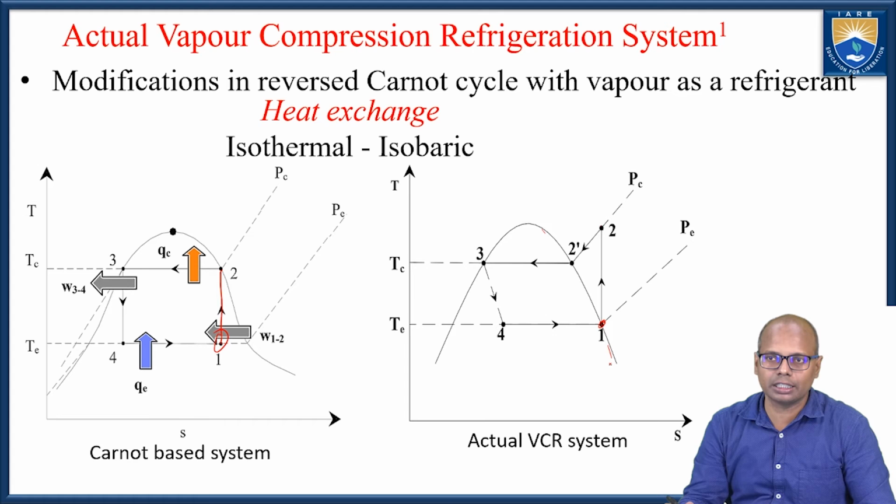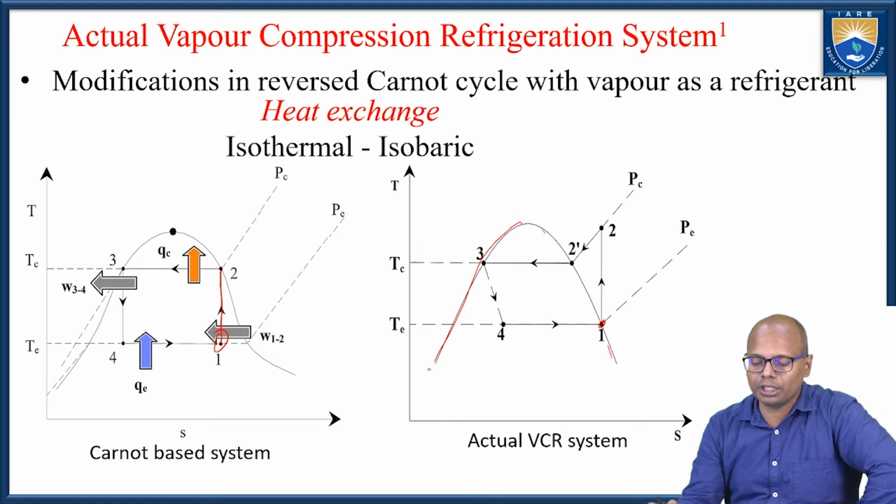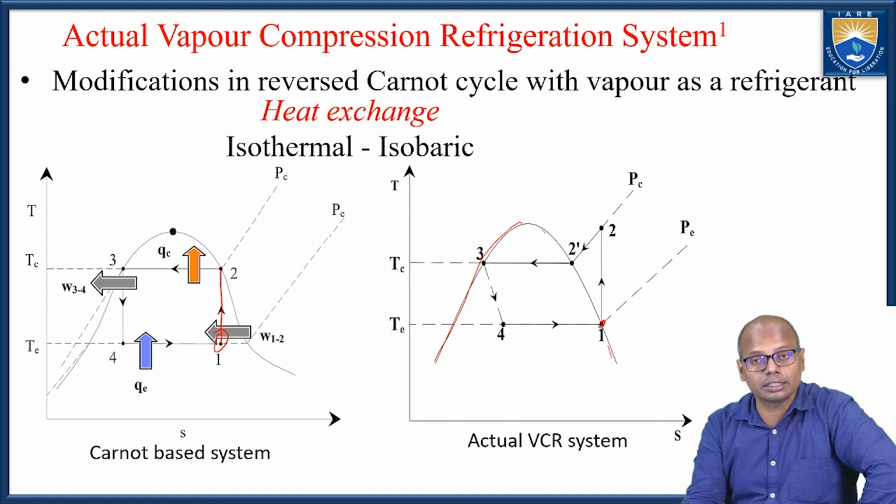This line is called the saturation vapor line, and this line is the saturation liquid line. So here the evaporation is happening till it reaches the saturated vapor line. So it is getting compressed to this point.